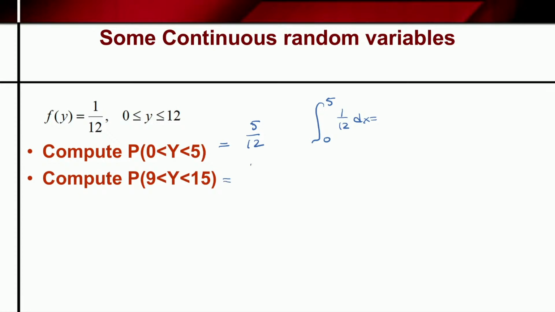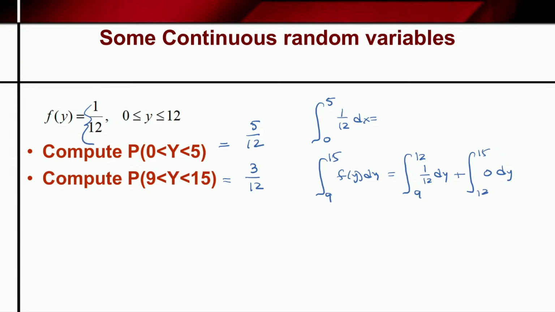But it is 3/12 because if you do the integral from 9 to 15 of f of y dy, you actually get the integral from 9 to 12 of 1/12 plus the integral from 12 to 15 of 0. I didn't write it here. I should have done this sort of deal where it's 0 otherwise. I guess that was assumed. So very nice. Good job.